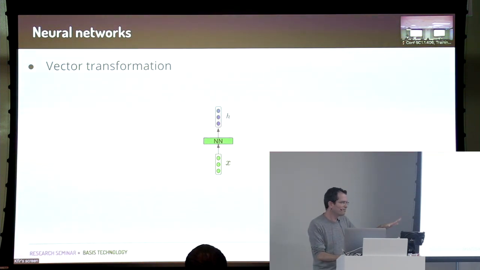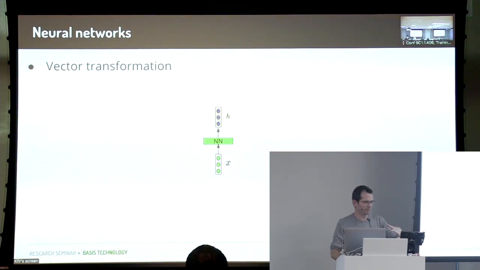Let me give you some definitions so we'll all be on the same page. For the sake of this discussion, a neural net is just a vector transformation component. You take this vector x as input, you send it into this vector transformation, and then you get a new vector h, which is the transformed version of x.